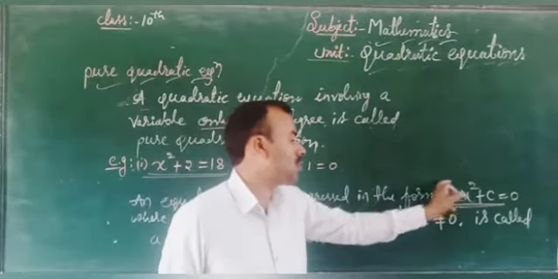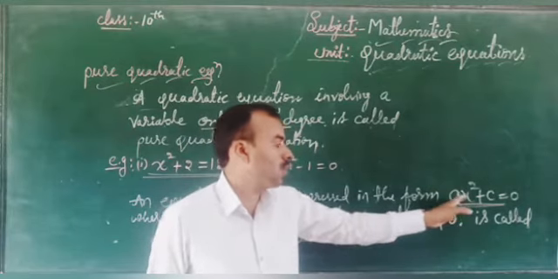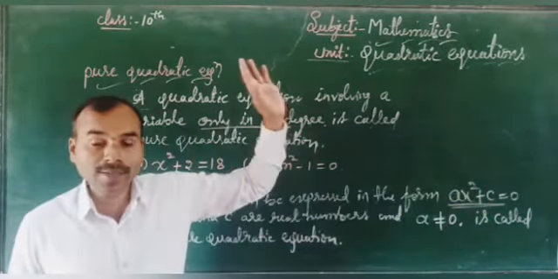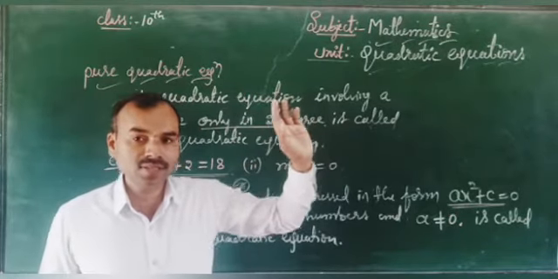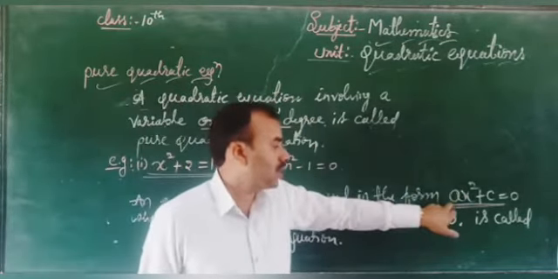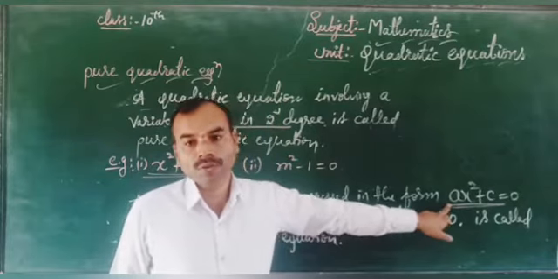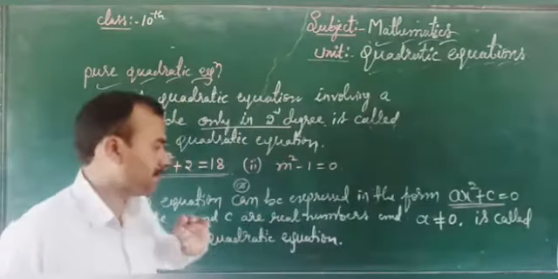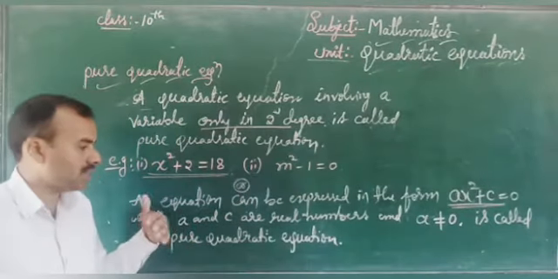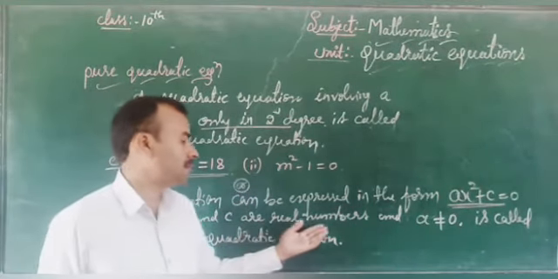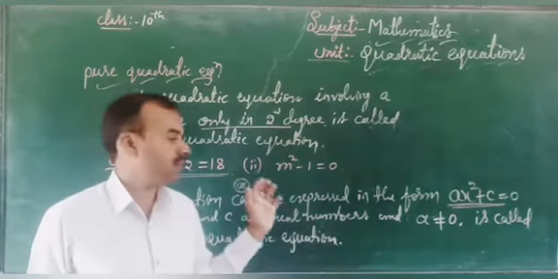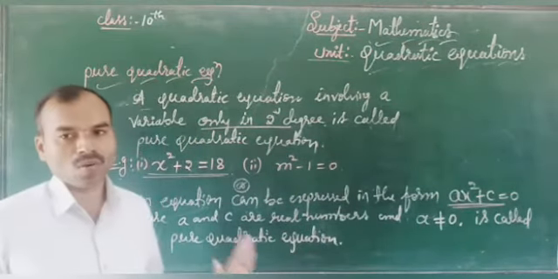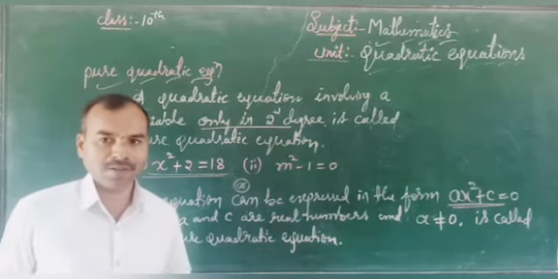Here a should not be 0. If it is 0, this will be a constant, already learned in constant polynomials. Here a and c are any real numbers, a is not equal to 0. This is a pure quadratic equation.